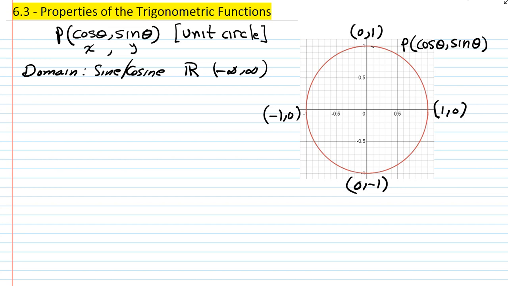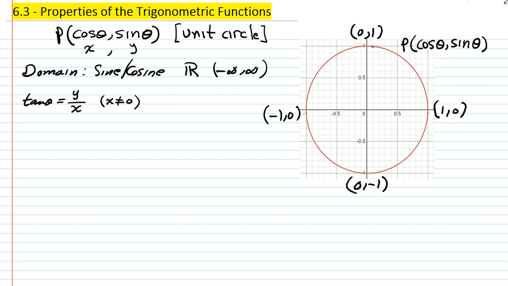Now, what about the domain of tangent? Well, tan of theta is the ratio y to x, correct? This is defined because x and y are real numbers. The only place it's not defined is when we have division by 0, correct?